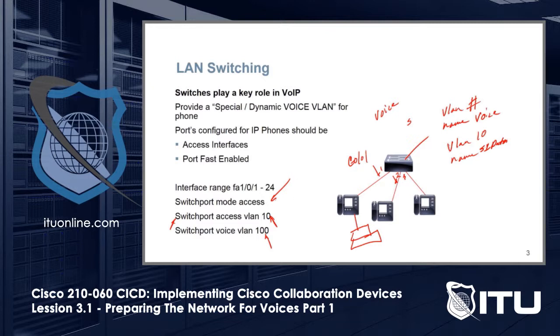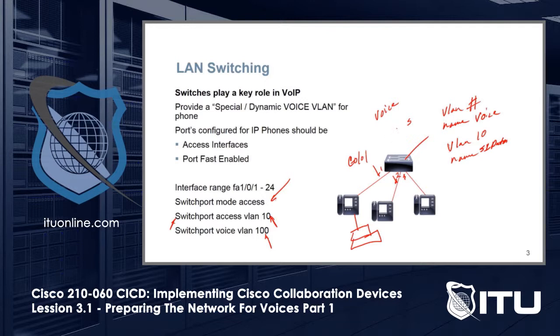And then anything that's plugged in the back of the phone, we're going to give it the normal access VLAN. So that's the voice VLAN, and it's the special dynamic voice VLAN where essentially I can be one of 2 VLANs, depending on if I see a phone or not.